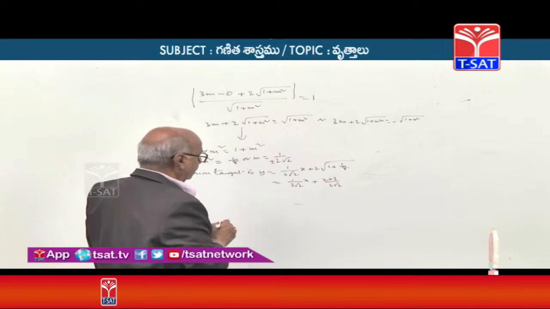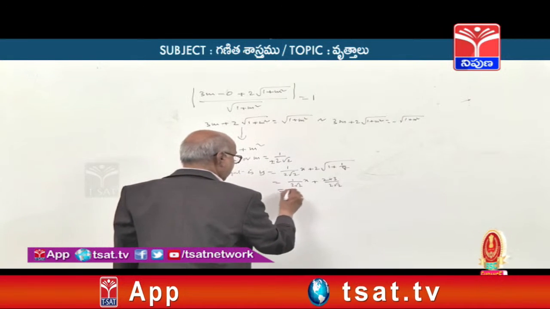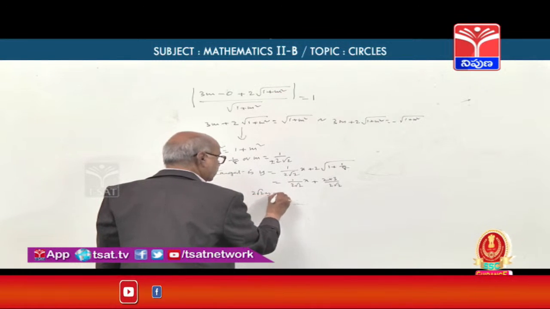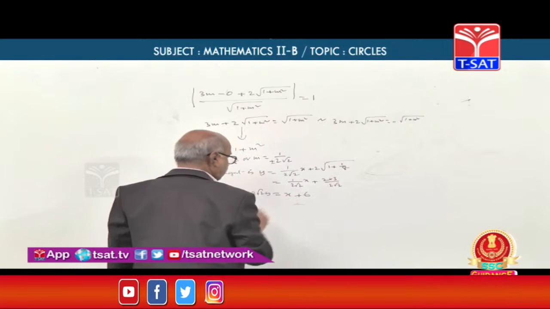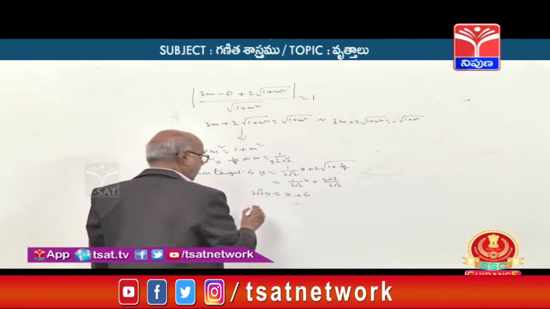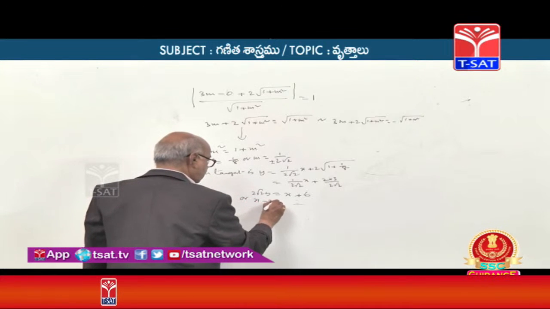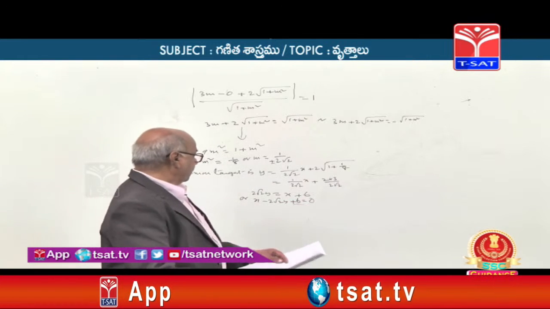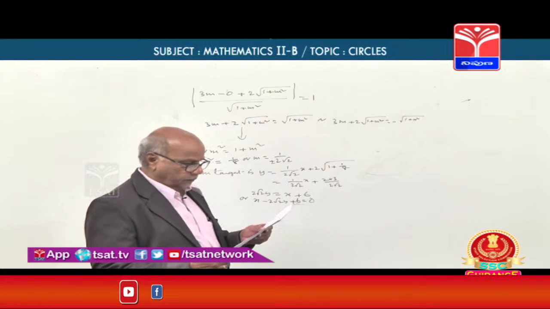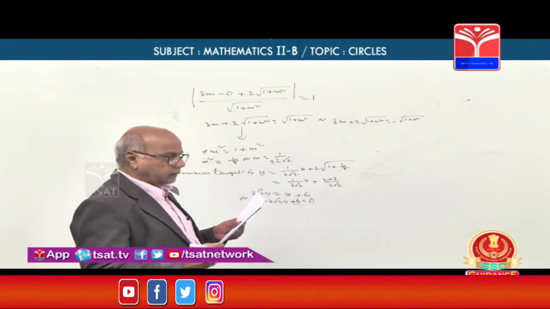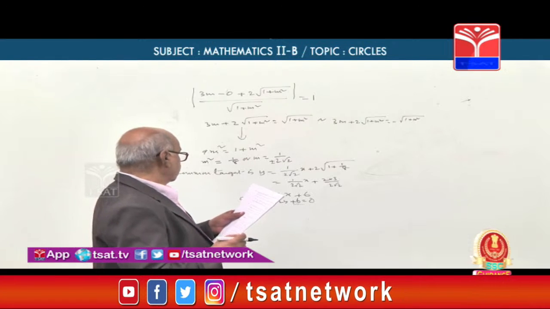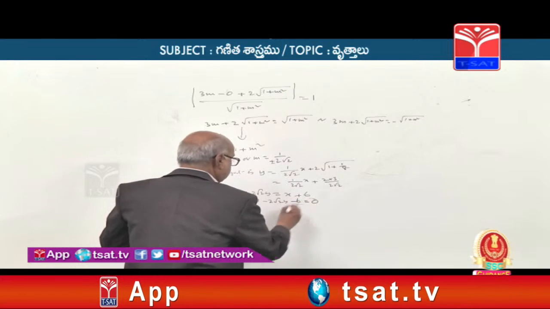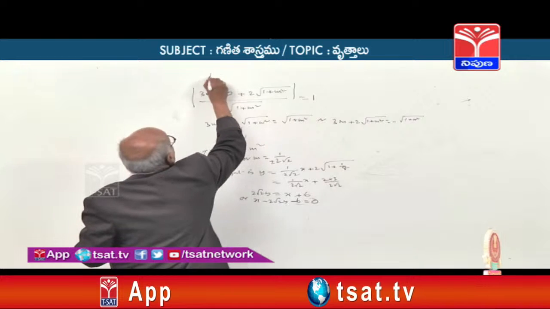So, that means you will have 2 root 2 y is equal to x plus 6, or x minus 2 root 2 y plus 6 is equal to 0. Now, you can see one of the options, x minus 2 root 2 y is equal to 6 or minus 6. So, the answer is option number 4.